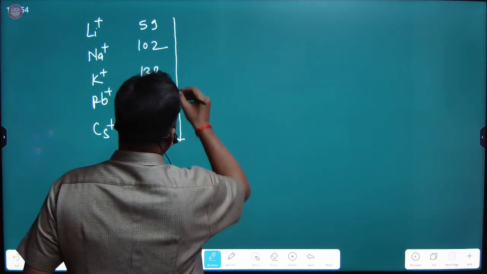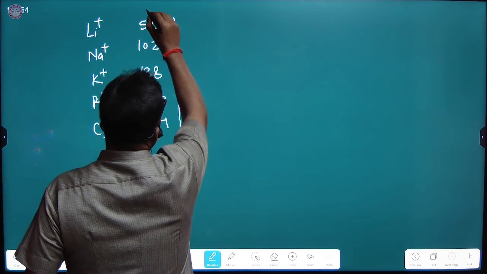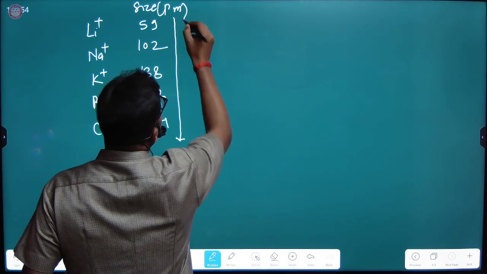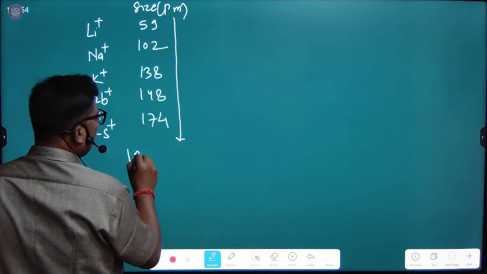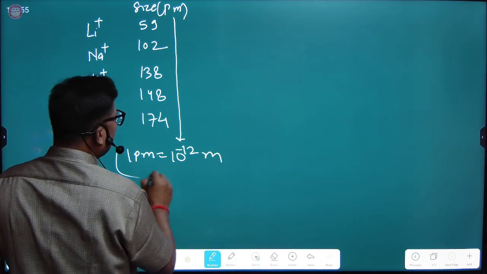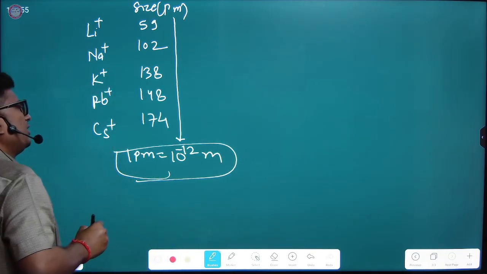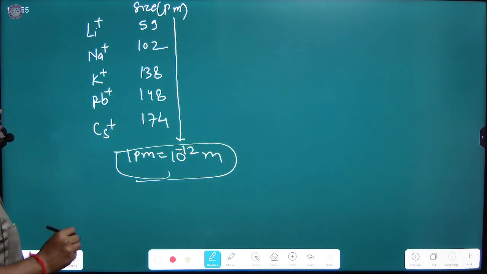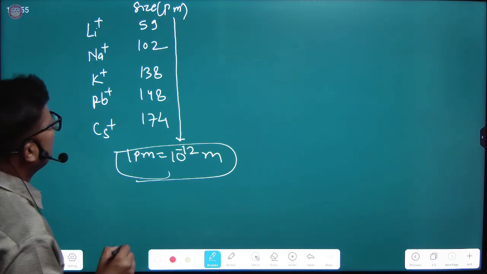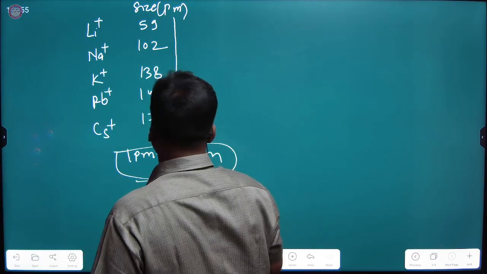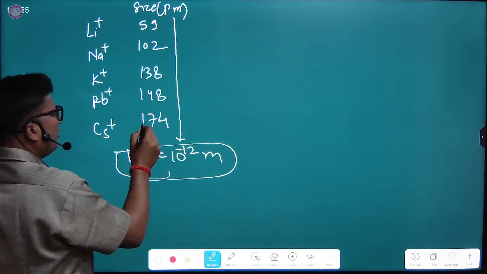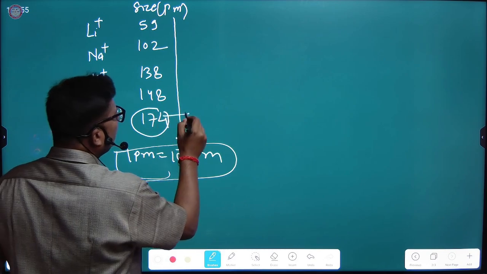The size is in picometer, and 1 picometer is equal to 10 to the power minus 12 meter, so in this way we can convert picometer into meter. Lithium plus is the smallest, with 59 picometers, and cesium plus is the largest cation in the group, 174 picometer.